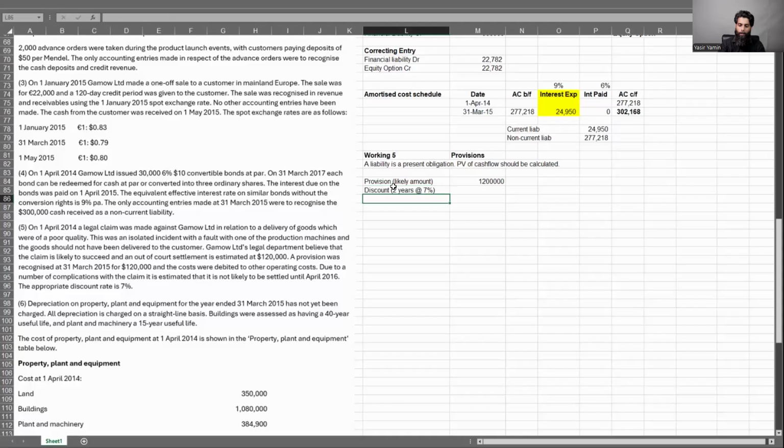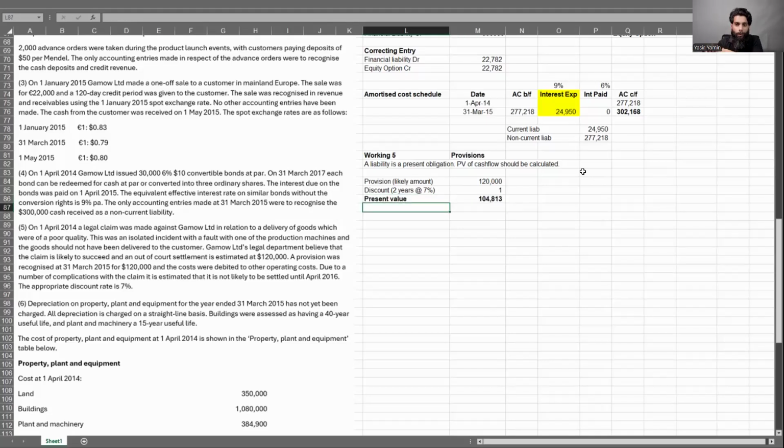How do I calculate discount factor? 1 divided by bracket 1 plus R, 0.07, raised to the power 2 because we are discounting for 2 years. 0.873. So 120,000 multiplied by 0.873. If I remove the decimal places, it is 104,813. This is the present value.